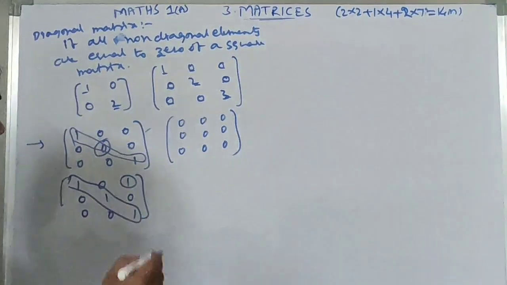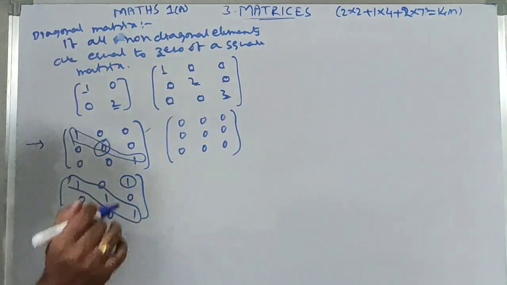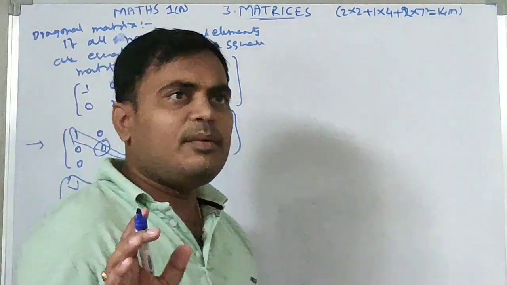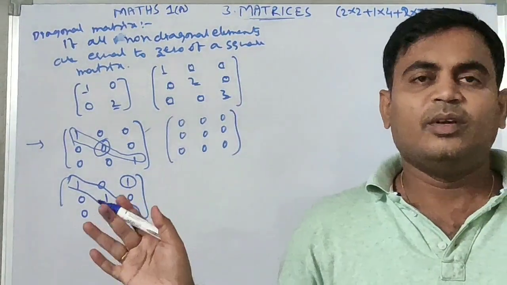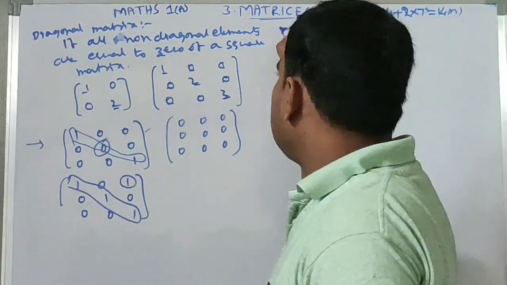Even though this one element is not equal to 0, it is not a diagonal element. If it is also equal to 0, then only it is a diagonal matrix. So simple thing, a diagonal matrix is nothing but all the non-diagonal elements are equal to 0, whatever the diagonal elements.